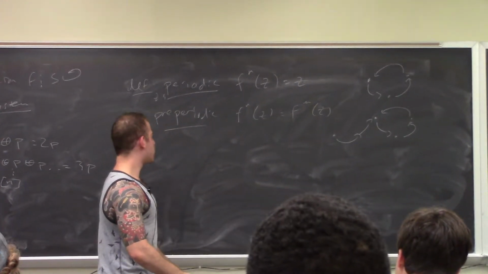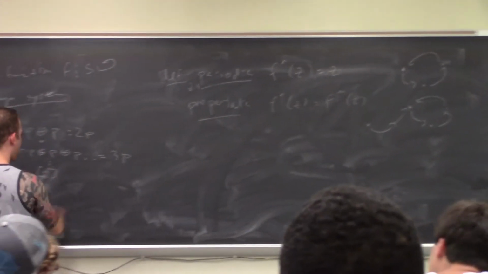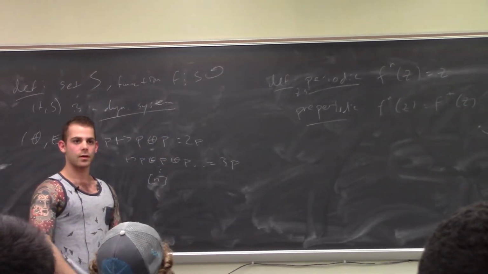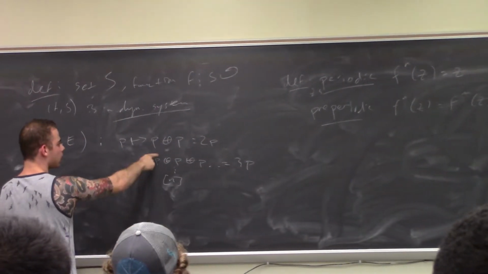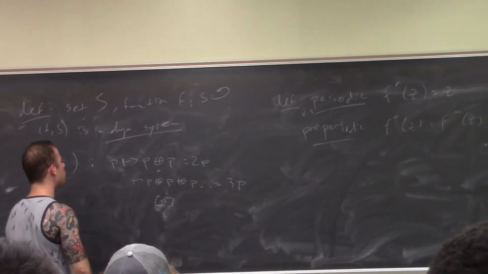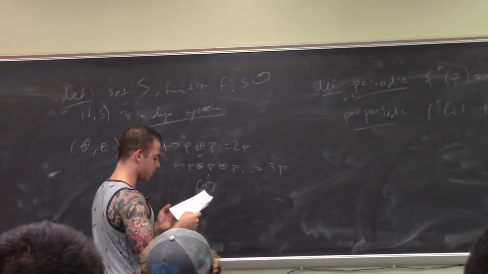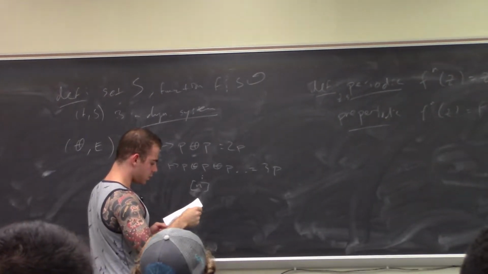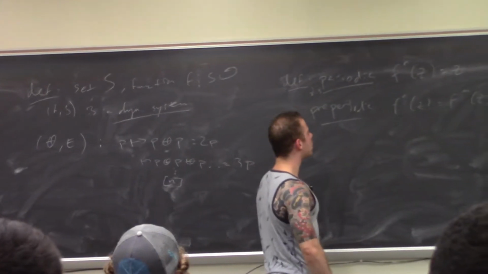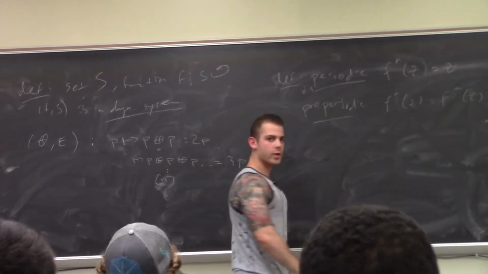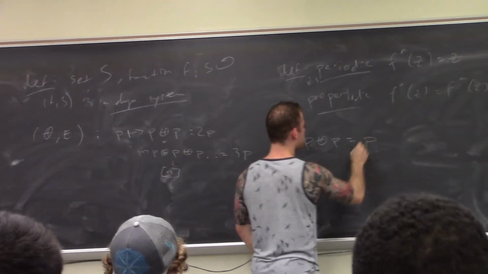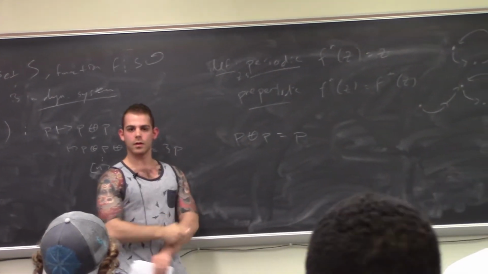And so the reason I'm defining this thing is because having order 2 is the same as having period 2, right? Or I guess it would be, no, that's different. I'm sorry, I misspoke. I guess period 2 would be like if P plus P equals P, right?